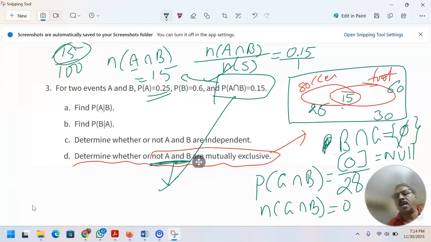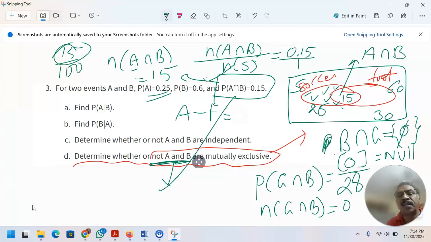So this is the understanding part of probabilities. If you want to know exactly what this piece here is, this is actually A, students who play soccer, but they don't play football. It means you take away football from it.